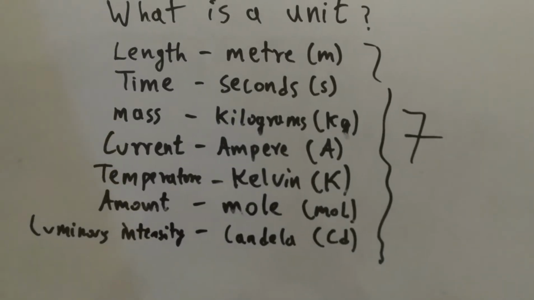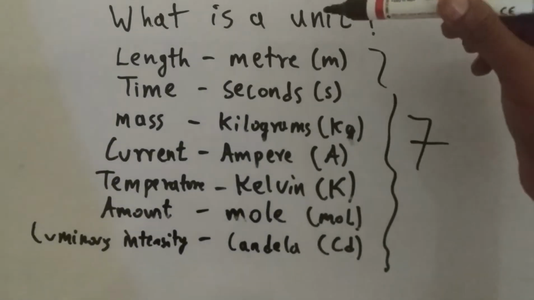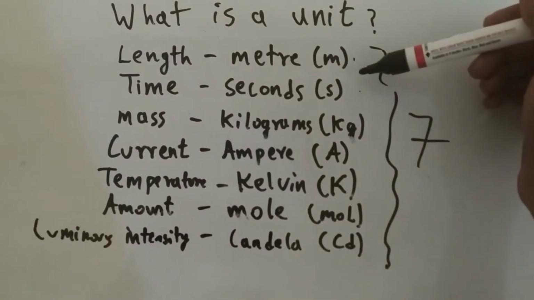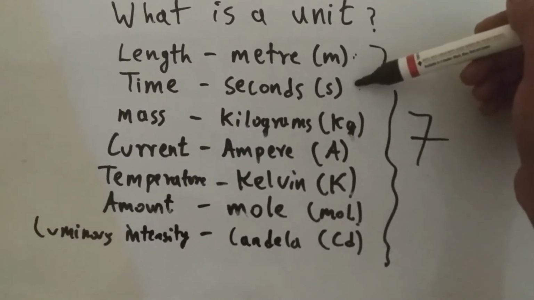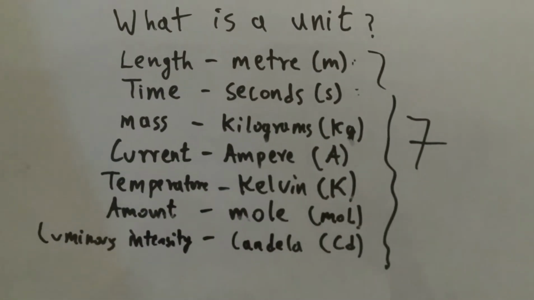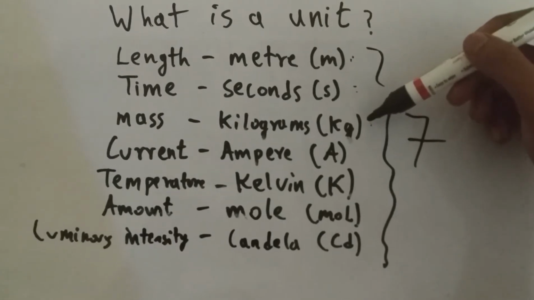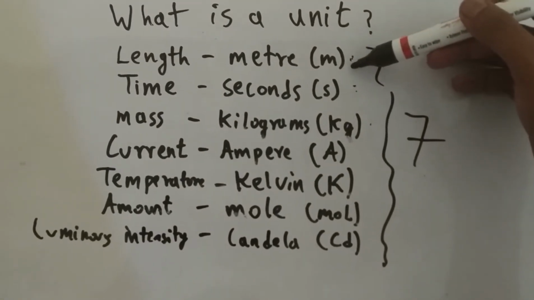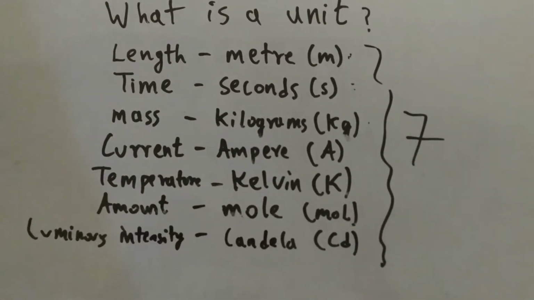For example, speed can be defined as length per time. Acceleration is length per time per time. Force is mass times length per time square, etc.